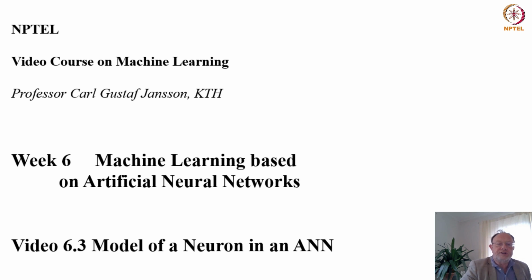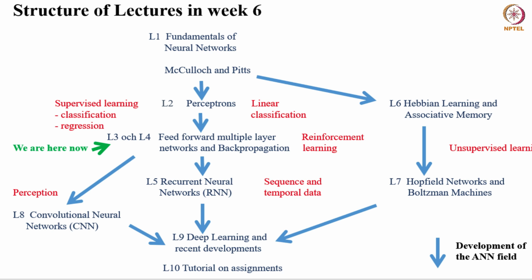Welcome to the third lecture, the 6th week in the course Machine Learning. Today we will talk about a model of a single neuron in an ANN. We are now in the middle block of lectures, which all handle the kind of neural network that we called feed-forward networks.